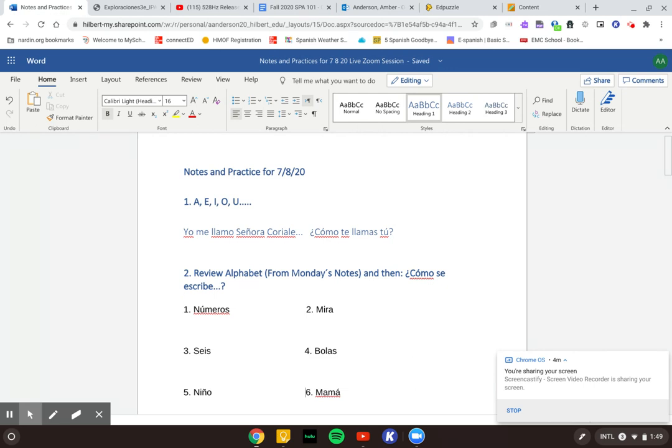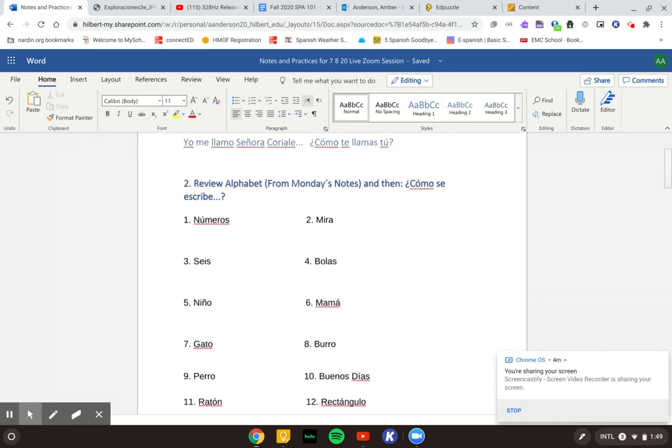Let's look at some other examples. Número 1, we have ¿Cómo se escribe números? So at this time, you should be spelling that.